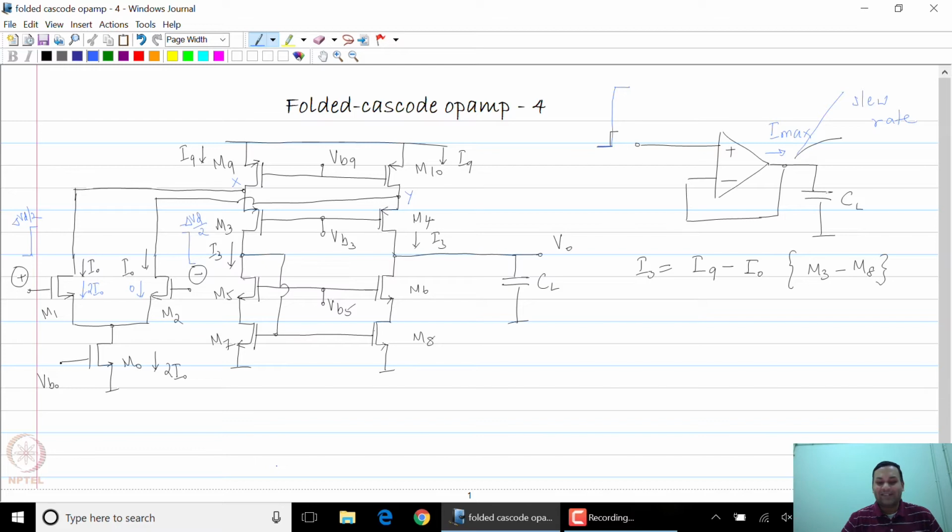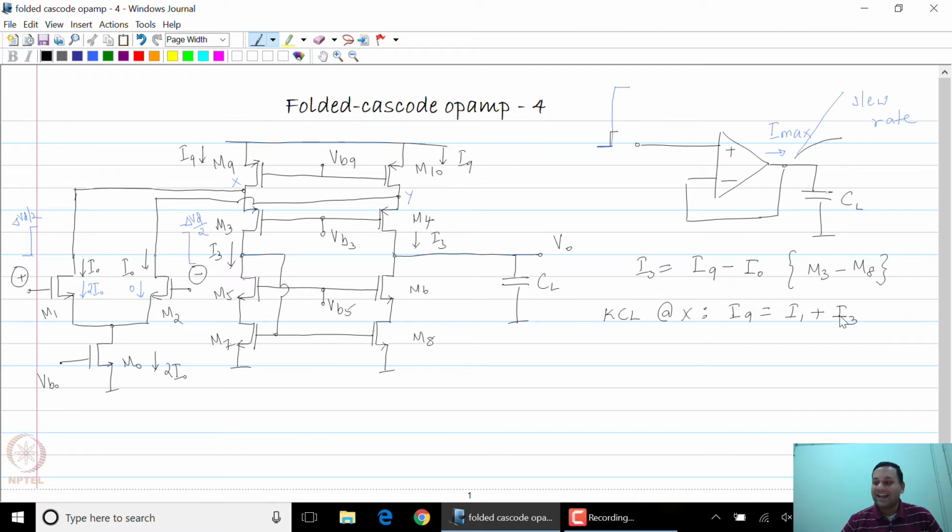If you look at node X, there is a current entering which is I9 and there is a current which is leaving which is equal to I3 plus I1. So KCL at X tells you that I9 is equal to I1 plus I3, where the subscripts denote the drain current of transistors corresponding to those numbers.